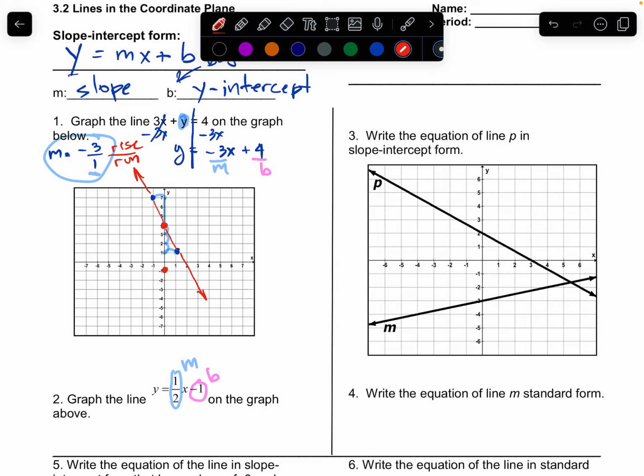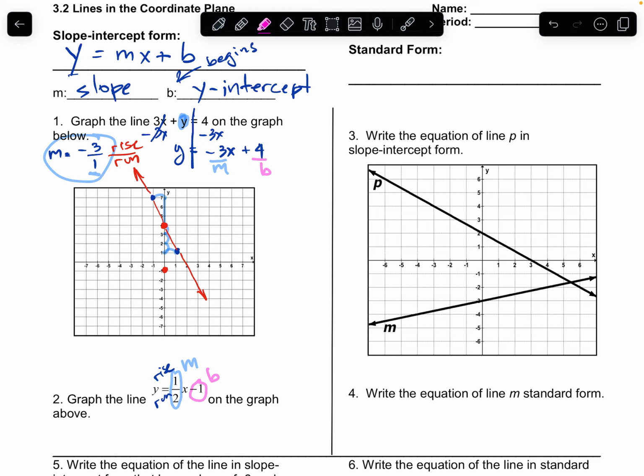Now remember, 1/2 in your slope is rise over run. So this is rise, means go up. And this is your run, means run horizontally. I will use another color. I'm going to go up 1, and run 2 units, 1, 2.